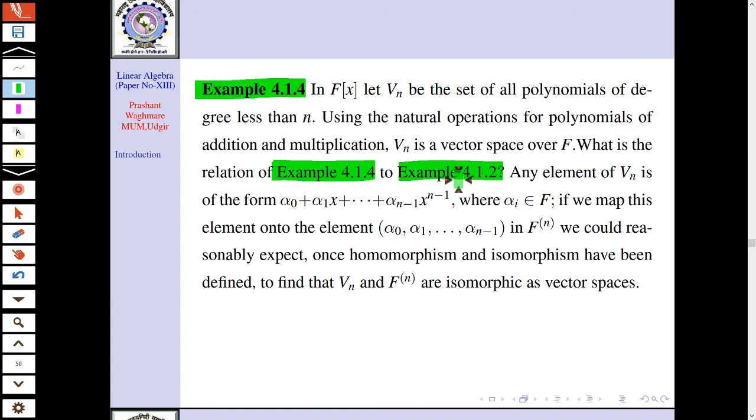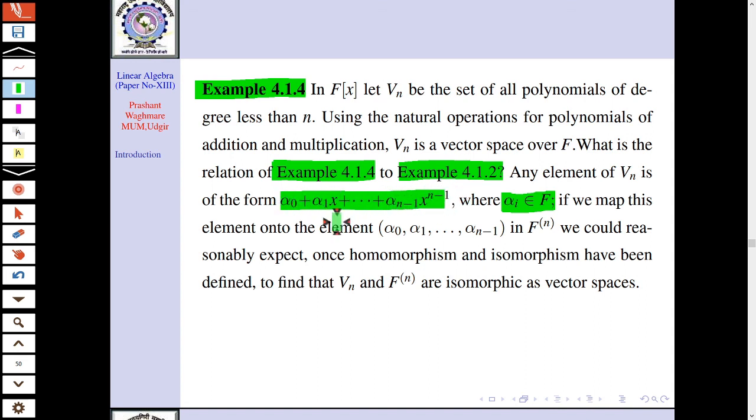4.1.2 here. Okay, now one can observe here Vn is the set of all polynomials of degree less than n, which means the polynomials will be of this form: alpha naught plus alpha 1 x and so on, up to alpha n minus 1 x raised to n minus 1, where all the alpha i's are in F, right? For each polynomial we will get such coefficients.